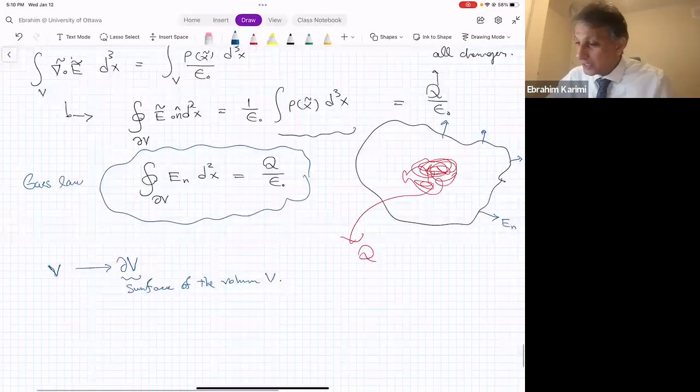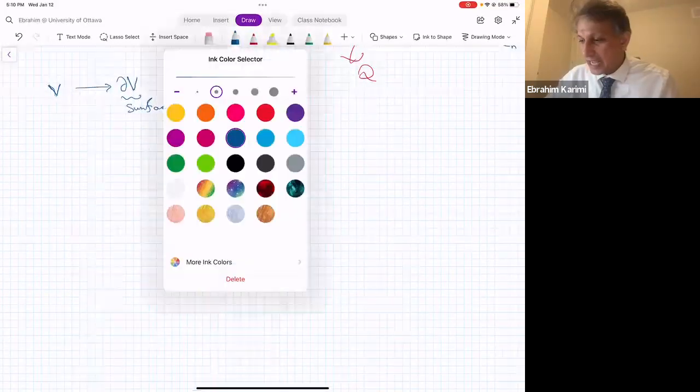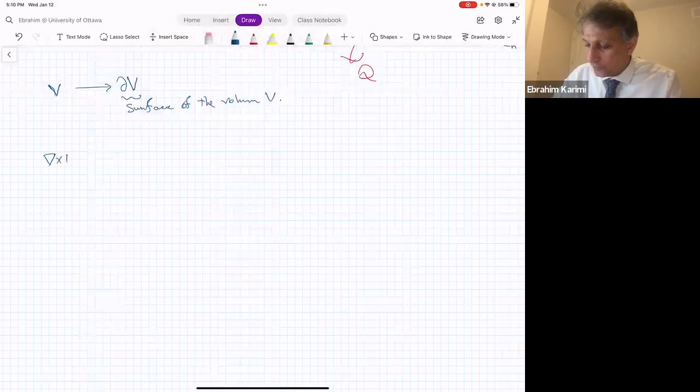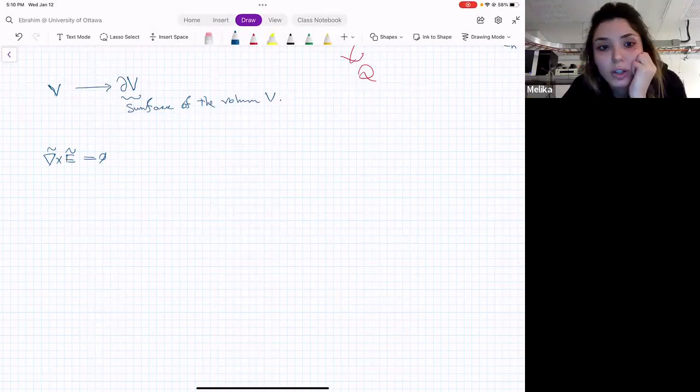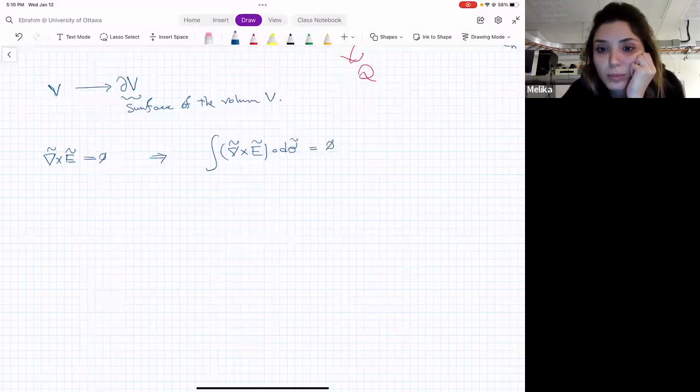Now, let's go to the question that Gamin asked at the beginning: what is happening with curl of E equal to 0? What does it mean? So it doesn't rotate. Exactly, it does like a rotation. What we have to do is the dot to the surface, right? And still that will be 0.